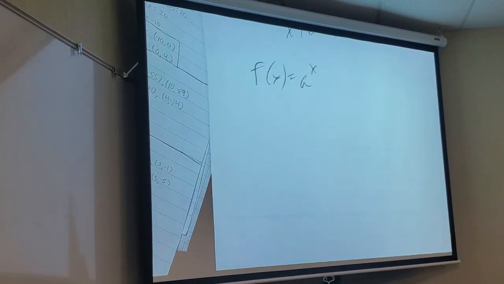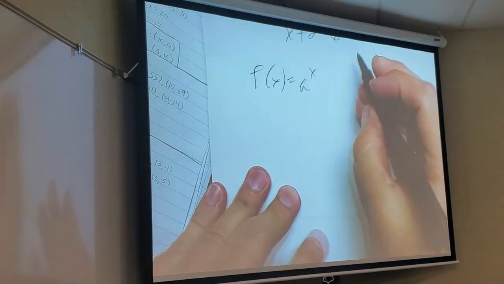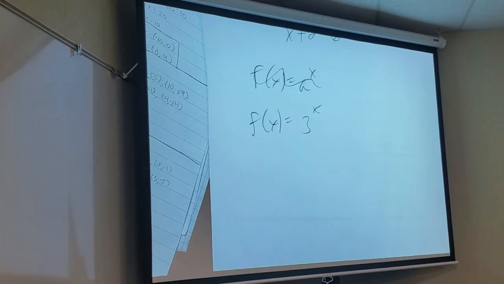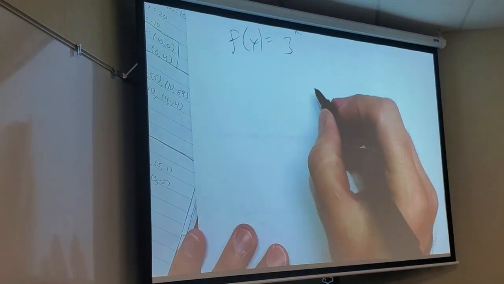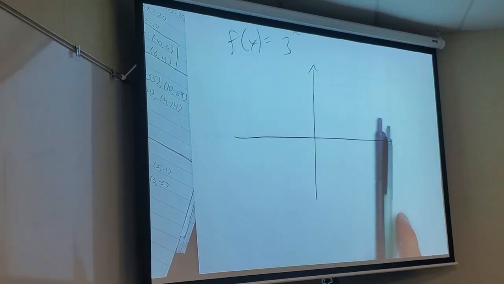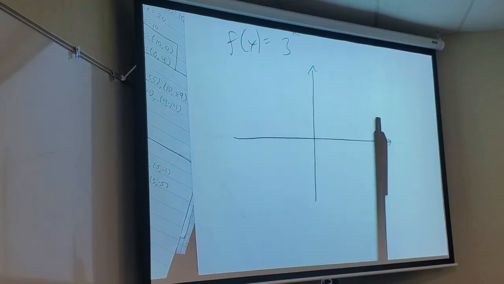And let's do a specific example. Let's do 3 to the x again. I think we did that one last time. Can somebody remind me what points I could use to graph this real quick? What are some good anchor points for this?